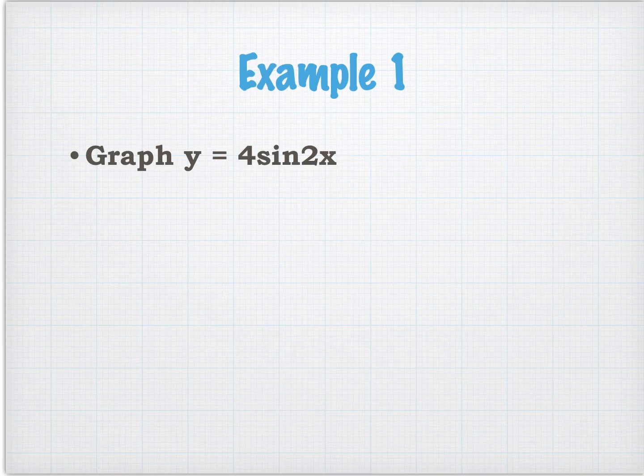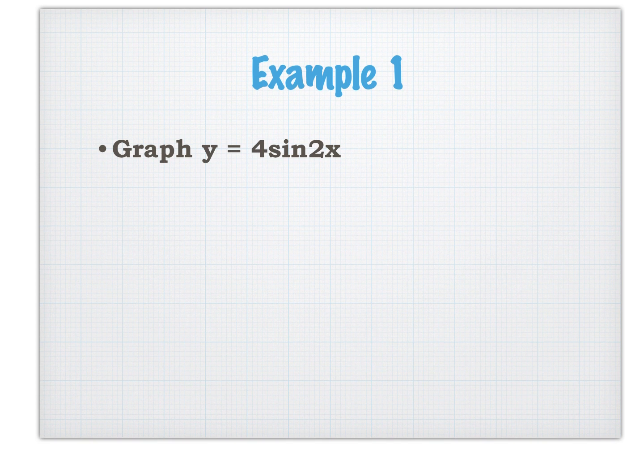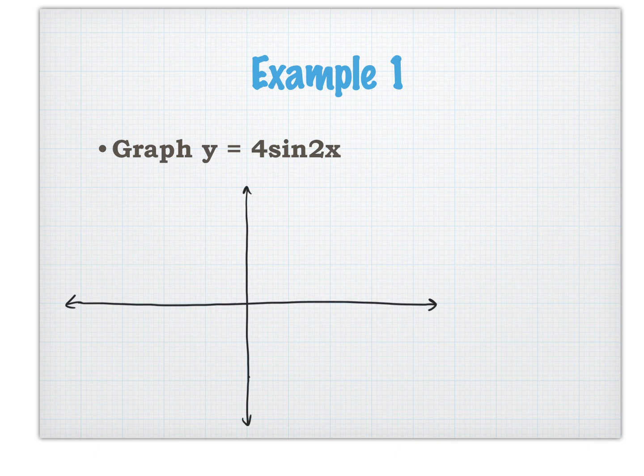So right now, if I want to graph y equals 4 sine of 2x, I'm going to create, first of all, my graph. Instead of drawing the parent graph first, which I did in class, I'm just going to graph it from here.